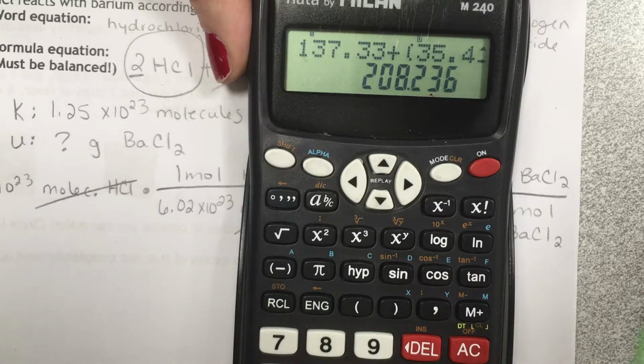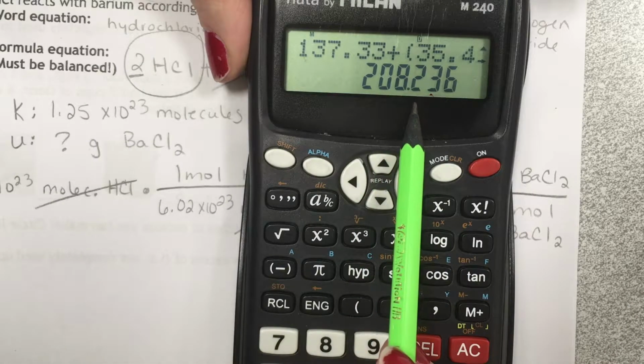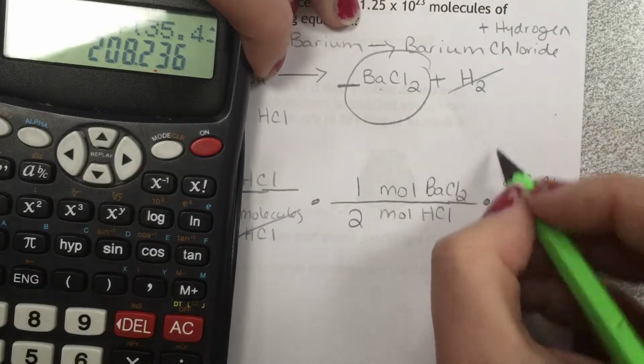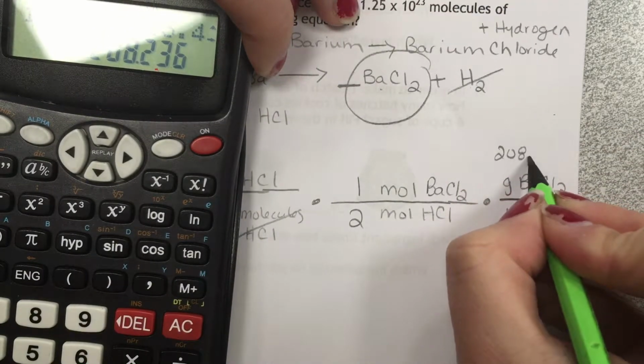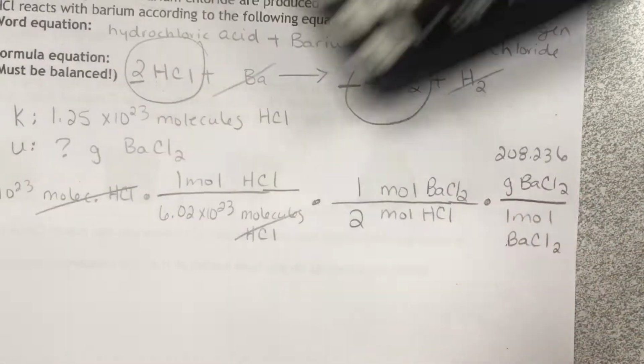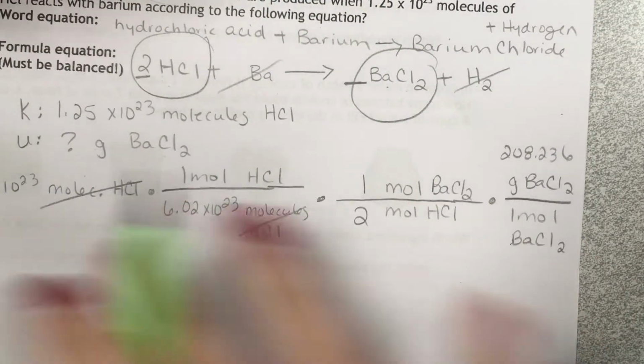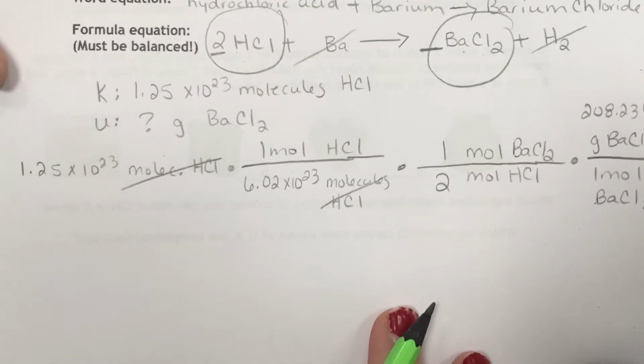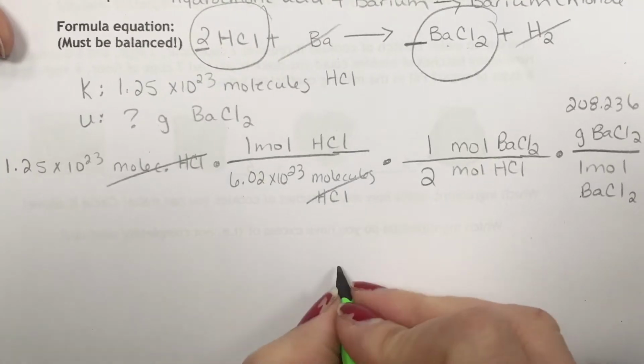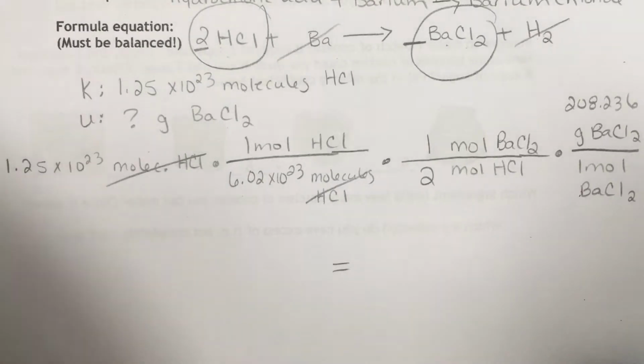Close parentheses equal, so 208.236. Okay, so that's our equation. This is how you would set it up, okay? It's pretty long.